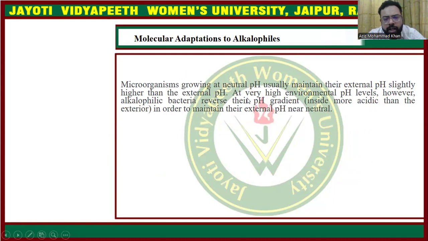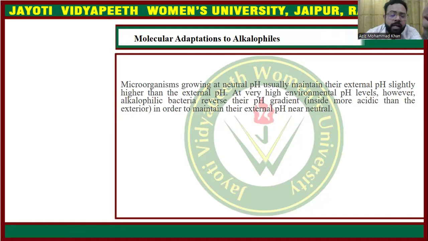At very high environmental pH levels, alkalophilic bacteria reverse their pH gradient. Okay, it means they are more acidic inside than the exterior. The inside pH is more acidic than the external pH because alkalophiles grow in the alkaline environment.